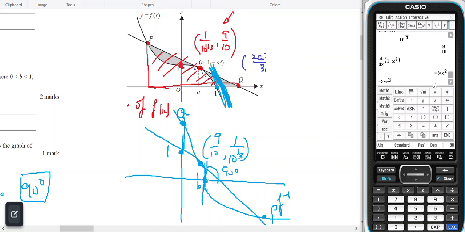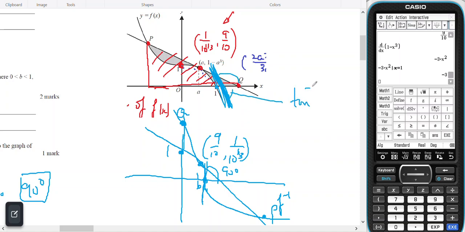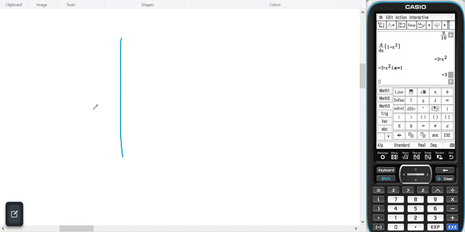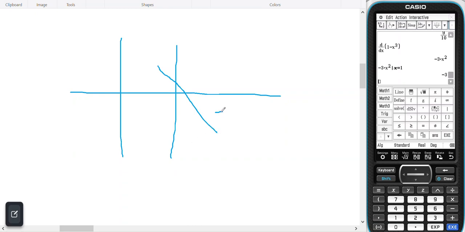And given x equals 1, then this angle here is the inverse tan of -3. So I'm looking for the inverse tan of -3, and I've got 90 degrees.